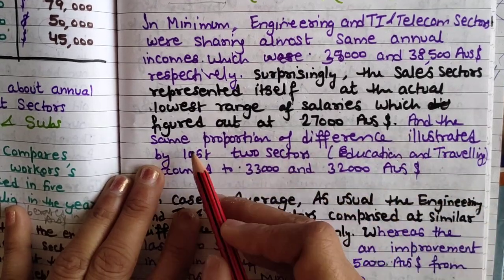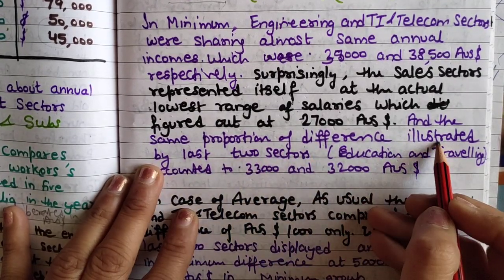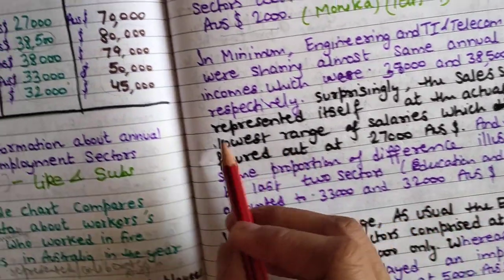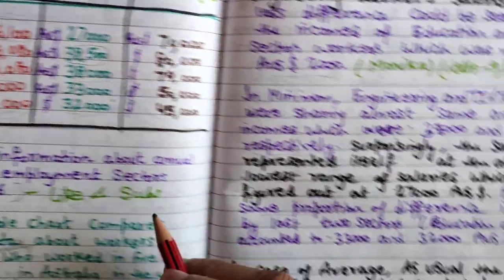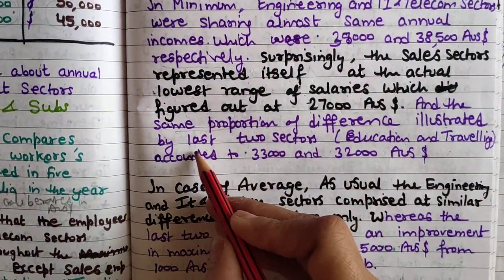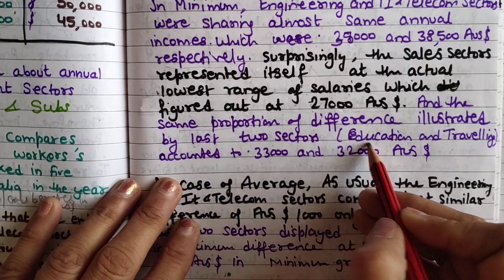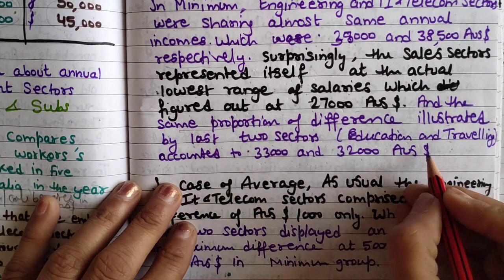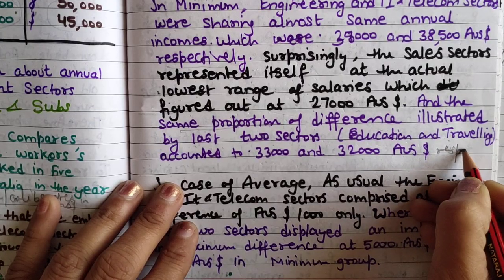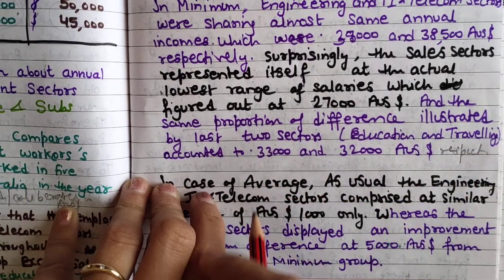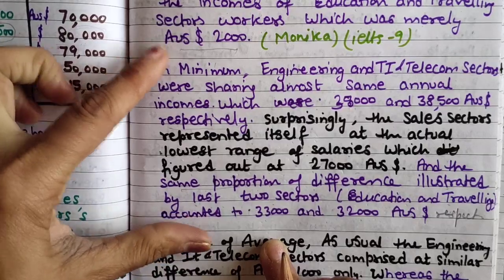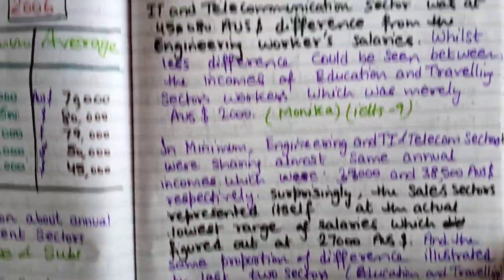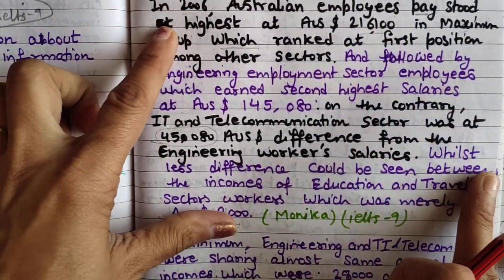And the same proportion of difference is illustrated like here. The last two sectors, education and travelling, accounted for 33,000 and this respectively. Now this time I have shortened it here. In this paragraph I have given two details.